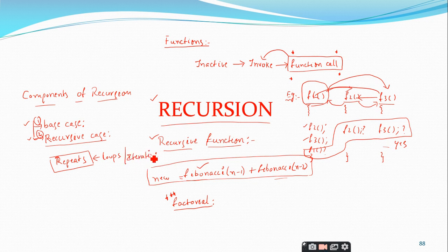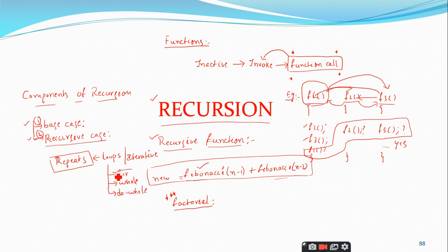We have seen the looping constructs available in C in the previous discussions, right? The C programming language supports three types of looping constructs: for, while, and do while.